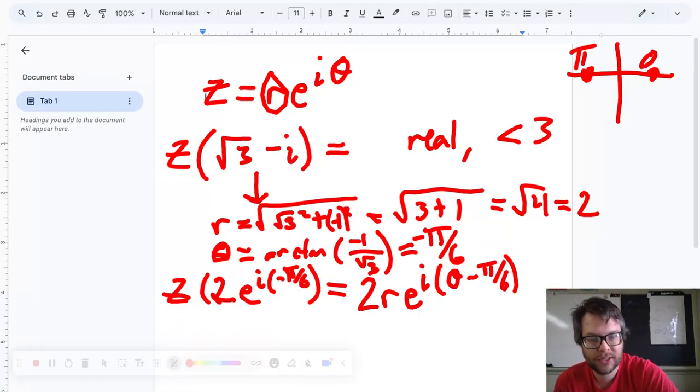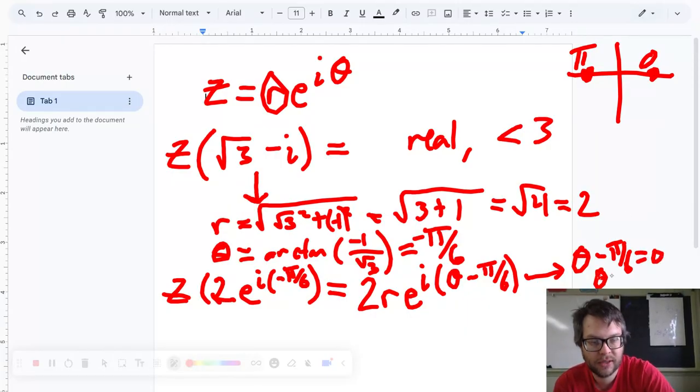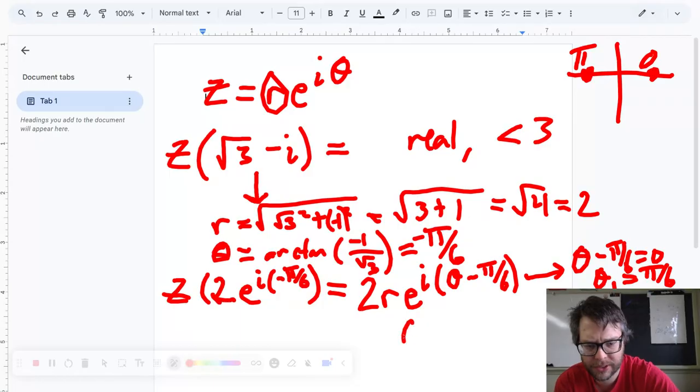So there's two conditions that I can make on my theta. I could say theta minus pi over 6 equals 0, in which case, maybe I'll call this theta 1, is pi over 6, and I could add any multiple of 2 pi to that. So this is one of those questions where there's many different correct answers.